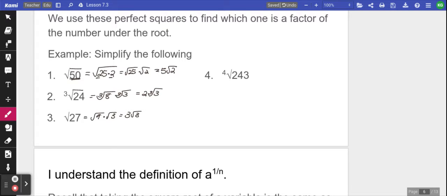The last one is 243. So I think of all my perfect fourths, and I'll try 243 divided by 81, and that worked. The fourth root of 81 times the fourth root of 3, and the fourth root of 81 is 3, so it becomes 3 fourth root of 3.